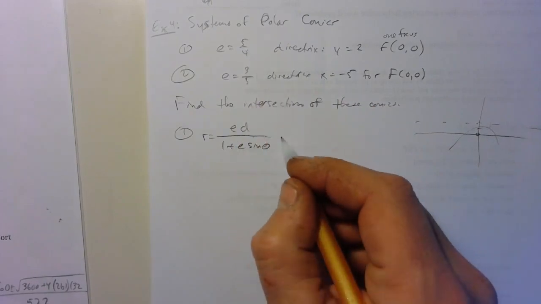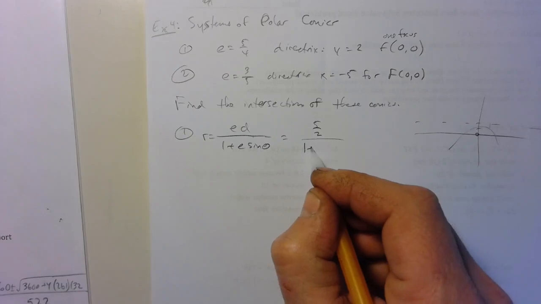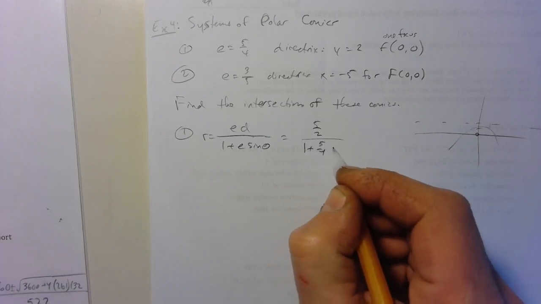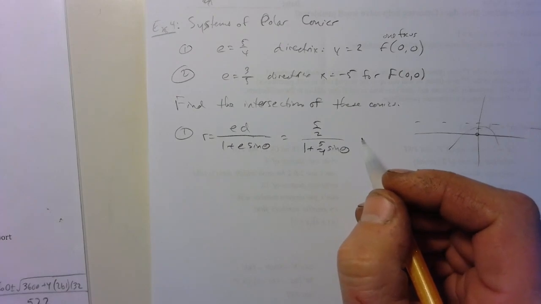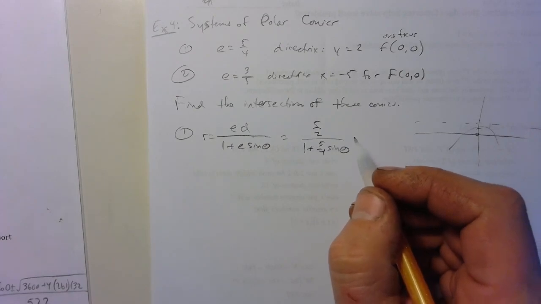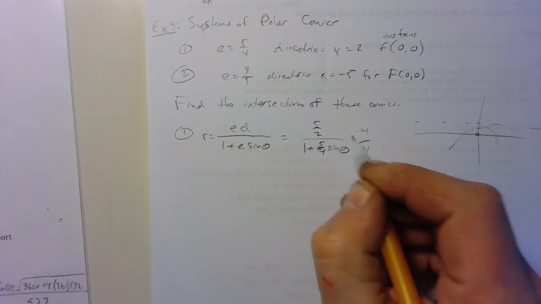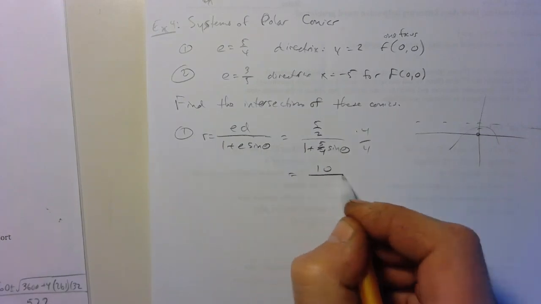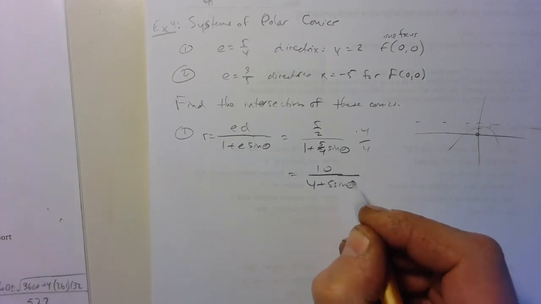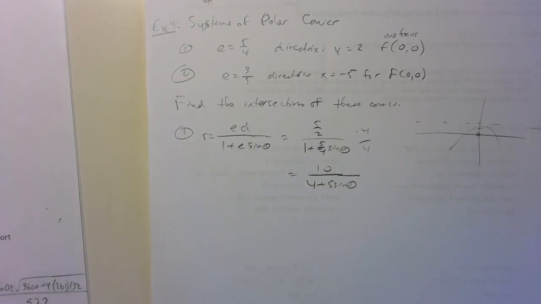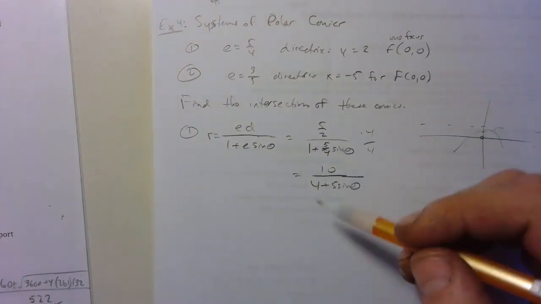So 2 times 5/4 gives us 5/2 in the numerator, and the denominator is 1 plus 5/4 sine theta. If we multiply by 4, we'll get 10 over 4 plus 5 sine theta. Okay, so we have that equation.